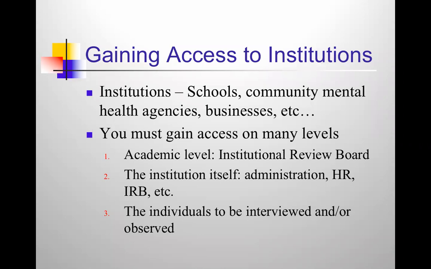You have to be granted access by the institution itself, and then you have to go to the individuals. And at any level, if there's a breakdown, then your research is halted.